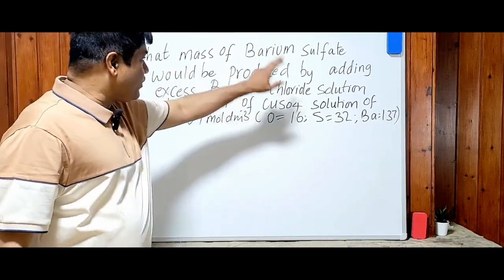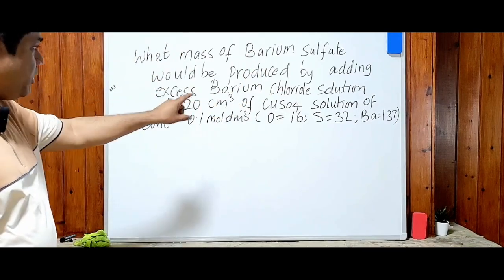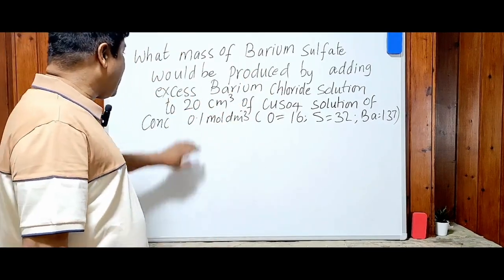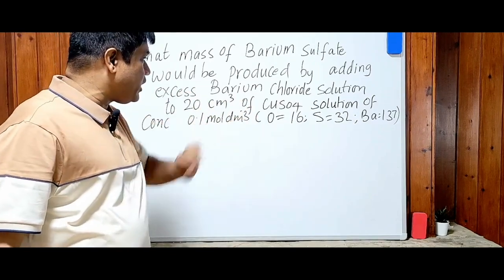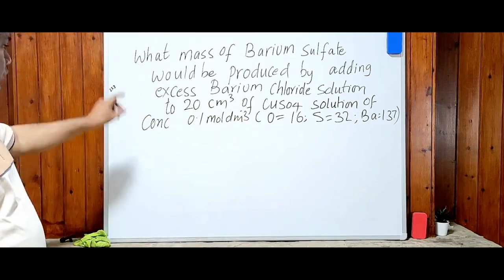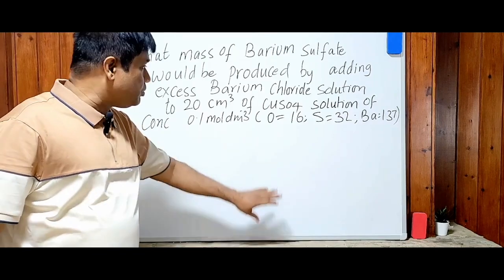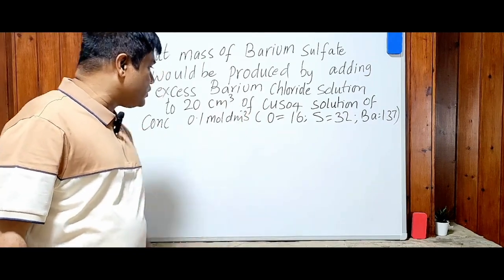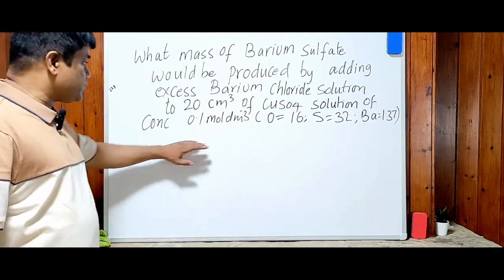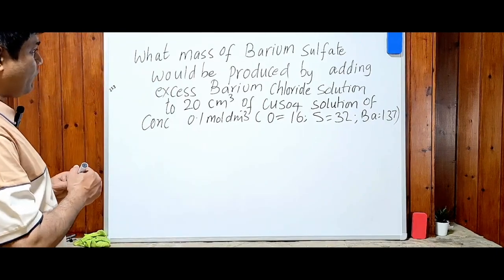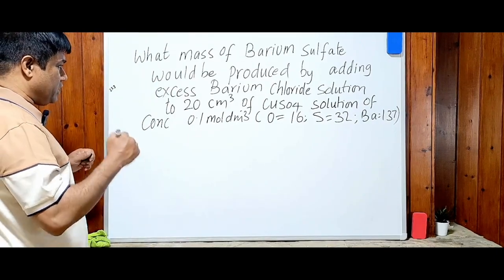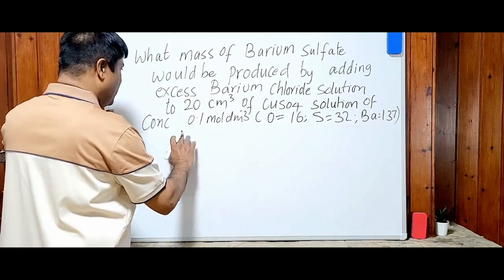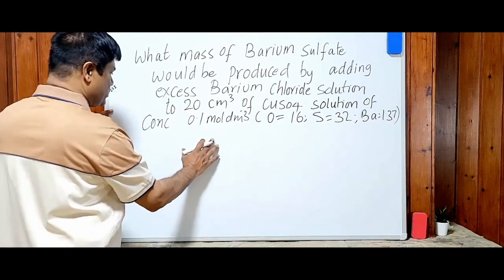What mass of barium sulfate would be produced by adding excess barium chloride solution to 20 centimeter cube of copper sulfate solution of a concentration this one? So we have to write the balanced chemical equation, then only we can do. It's a kind of a stoichiometry question.